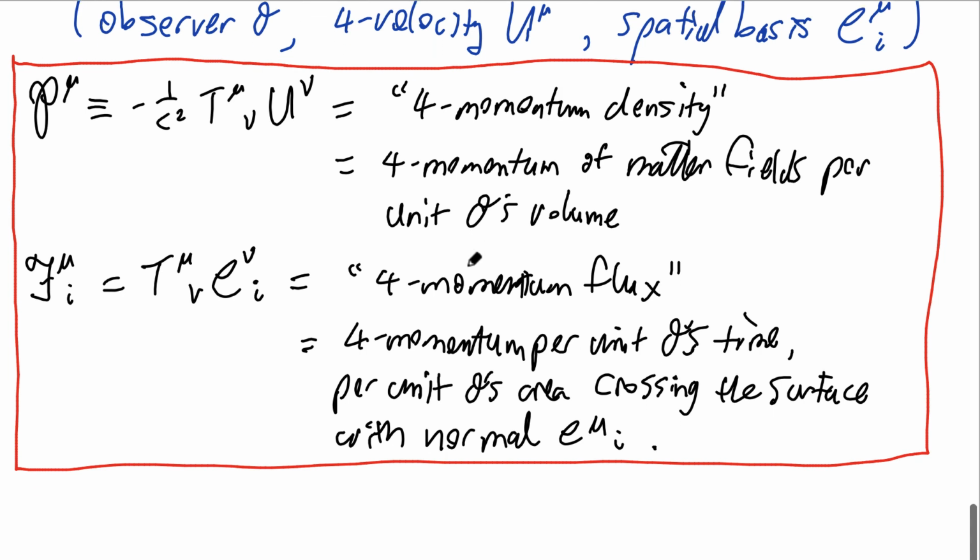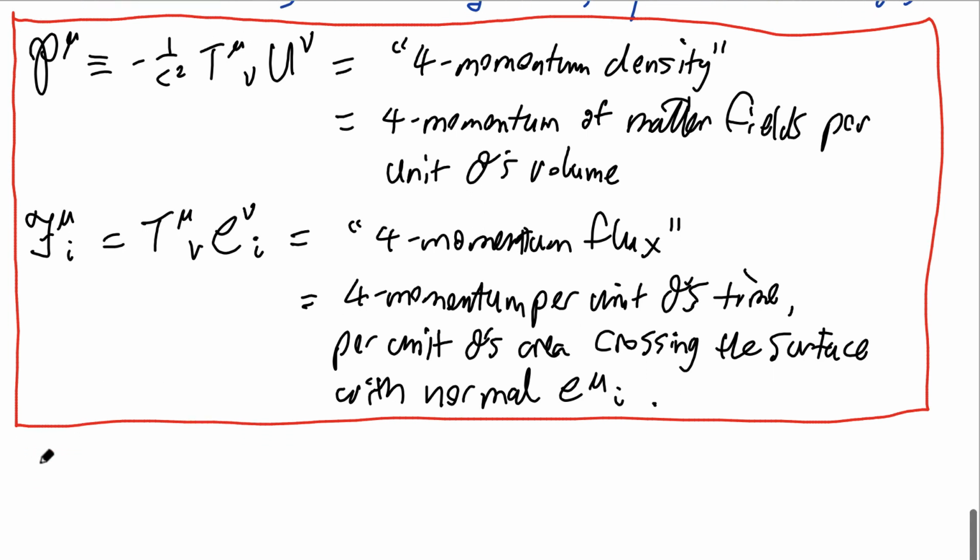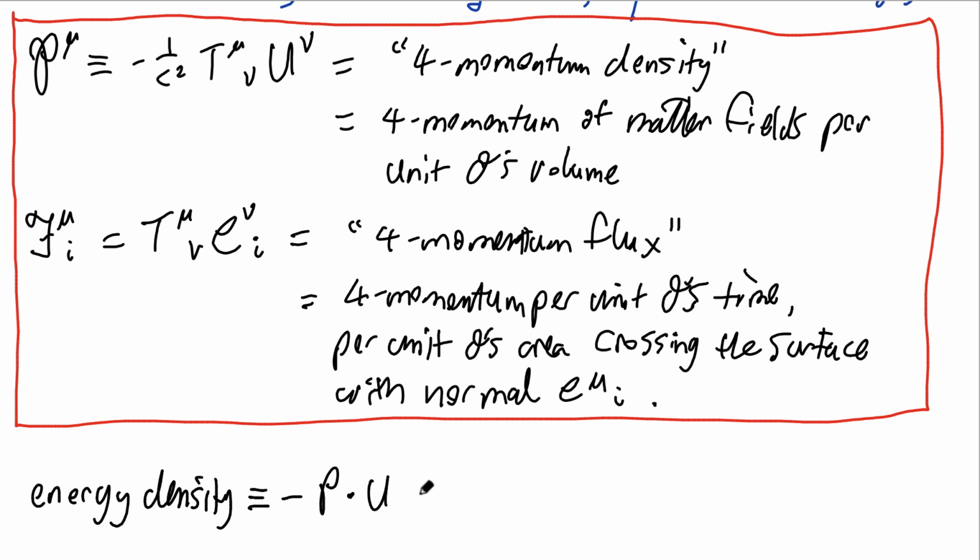So for example, the energy density is defined as minus the 4 momentum density inner product with the observer's 4 velocity. And putting that together with this definition gives 1 over c squared T mu nu u mu u nu.